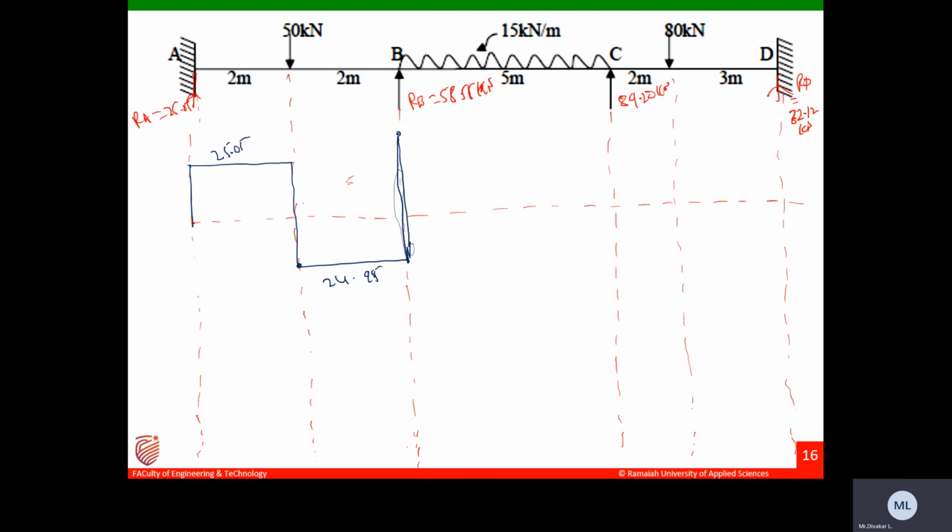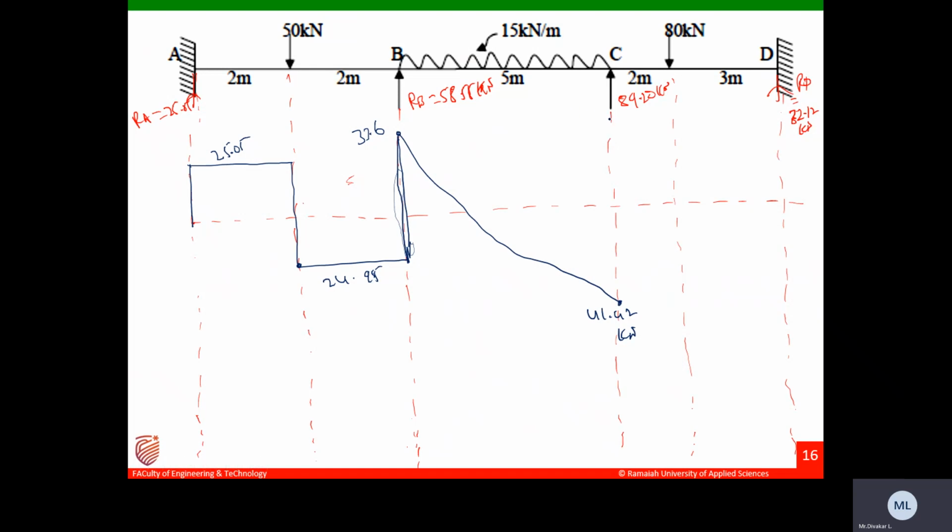Here, through the UDL, it is inclined. Plus 33.6 minus 15 into 5, so you'll get minus 41.42 kilonewton. Minus 41.42 plus 89.20, you will get 47.87.